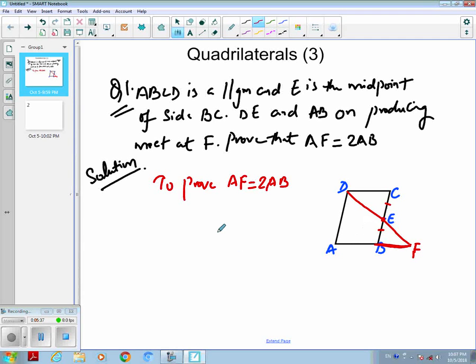Now, this angle, let this angle be 1. This is equal to this angle, this is 2, because they are vertically opposite angles.